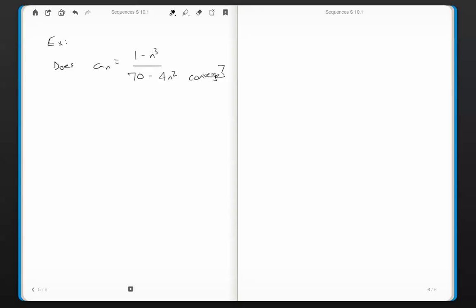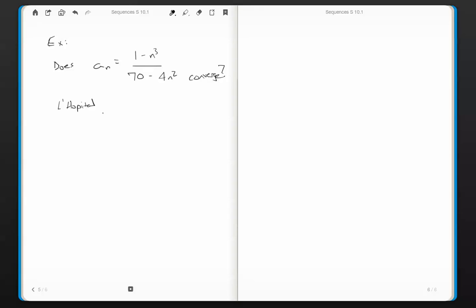All right, does this thing converge? Well, a couple different ways we could do this. We could plug infinity into this thing, and say this is going to grow faster than this. Infinity cubed is greater than infinity squared. So our guess is that it's not going to converge, but let's try to be a little bit formal about that. This becomes infinity over infinity, so that implies that we could use L'Hopital here.